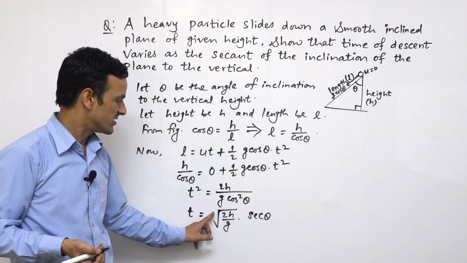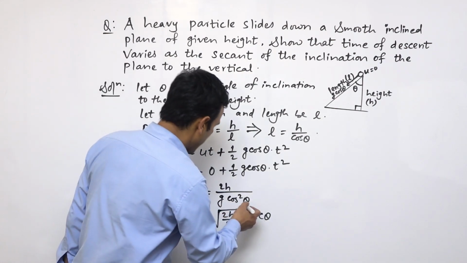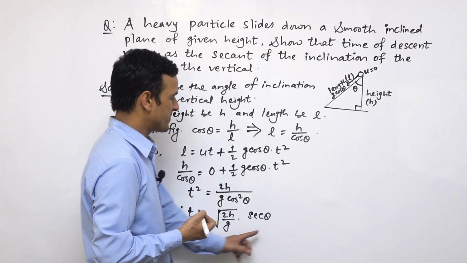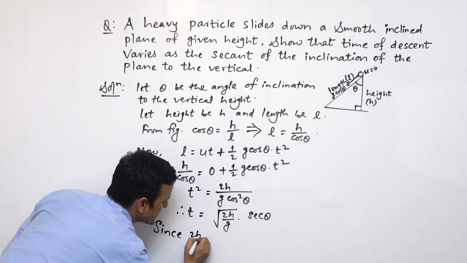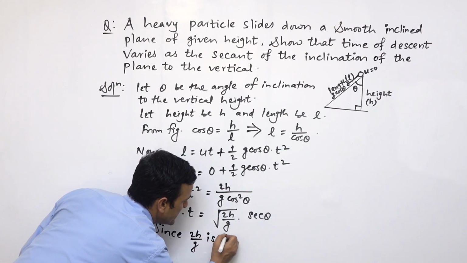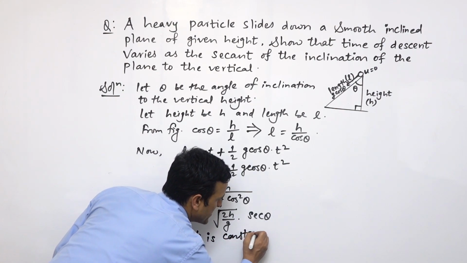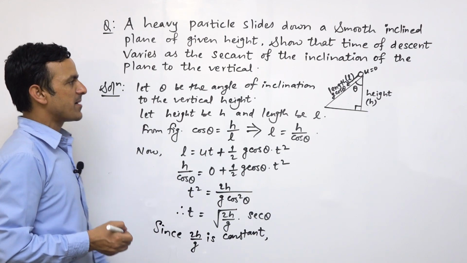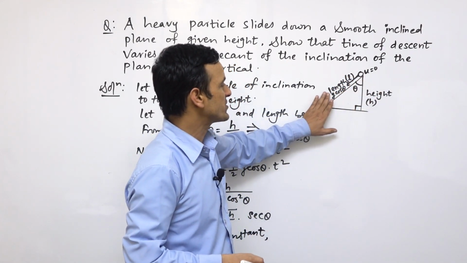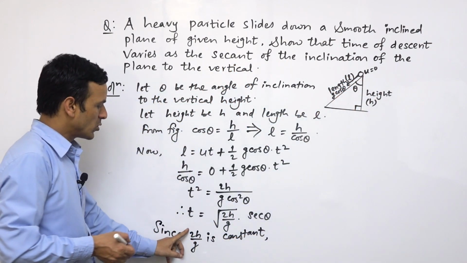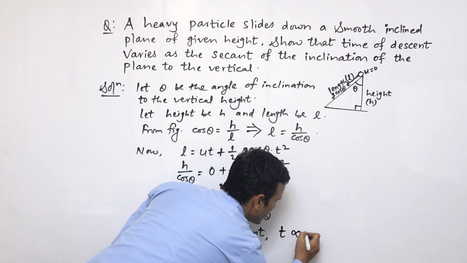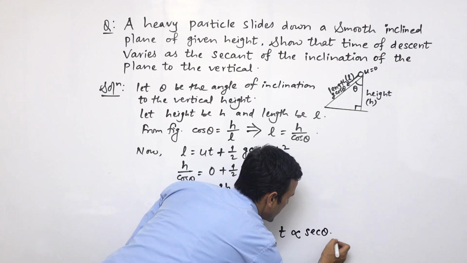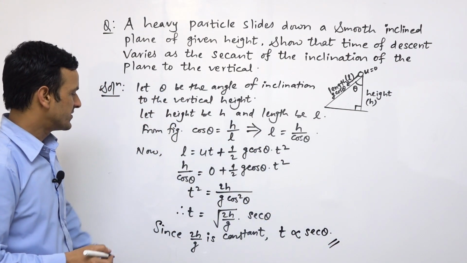So as you can see, this is the value of t, and since 2h by g is constant, it is a constant term. The height h and the acceleration due to gravity g are both constant. So if this is constant, then t is directly proportional to sec theta. In this way we can prove this result.